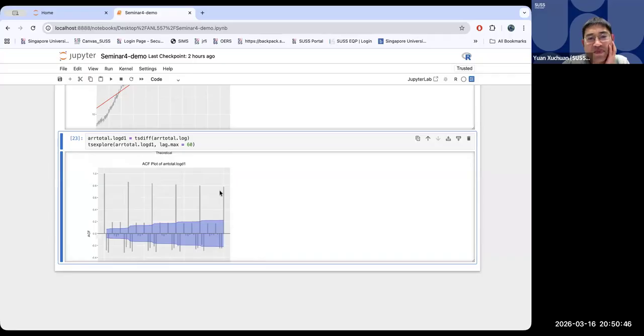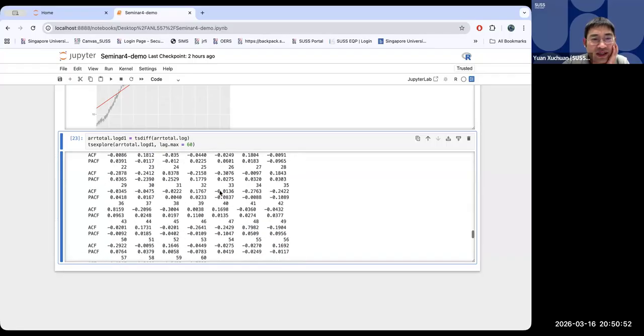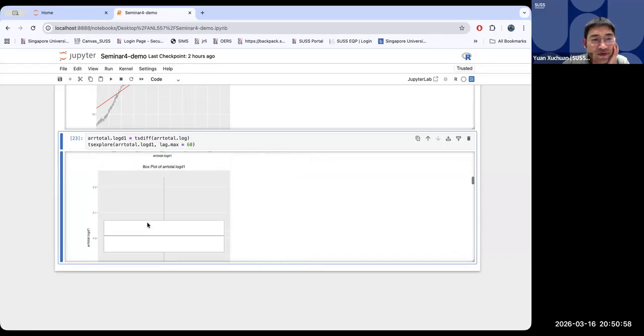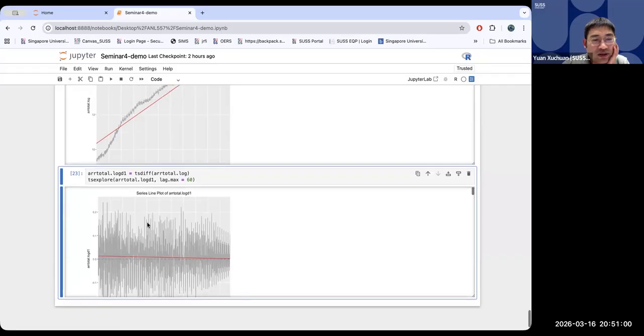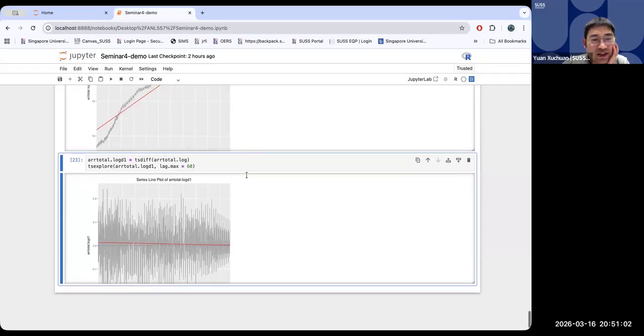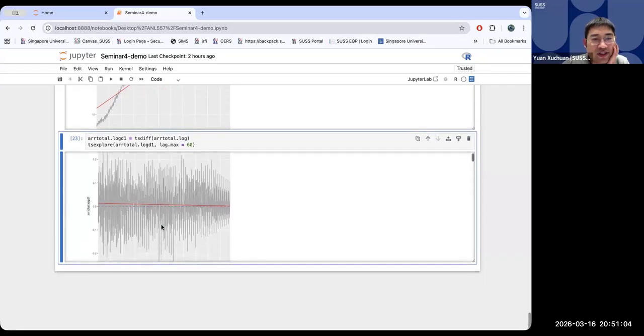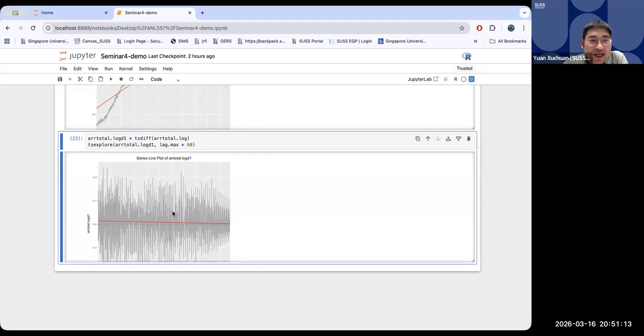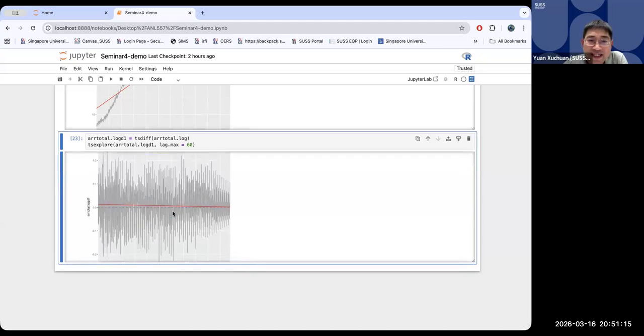There are spikes. So clearly there are seasonalities in this time series. And if you look at the PACF, even if you do the first order difference on the log series, if you look at the original line plot, there are still some patterns.